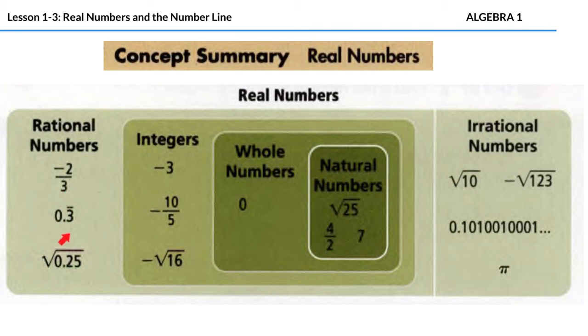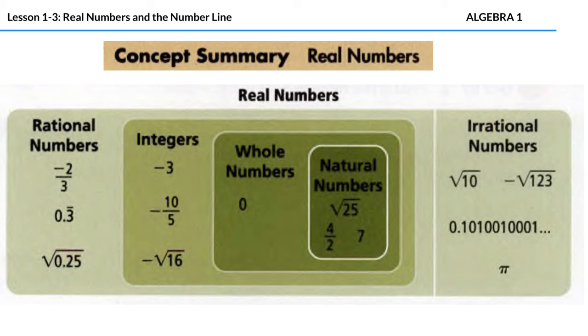In decimal form, it terminates, or if it does not terminate, the digit repeats. And perfect squares are also rational numbers. Under rational numbers, you have integers, whole numbers, and natural numbers. So this is a concept summary of real numbers.